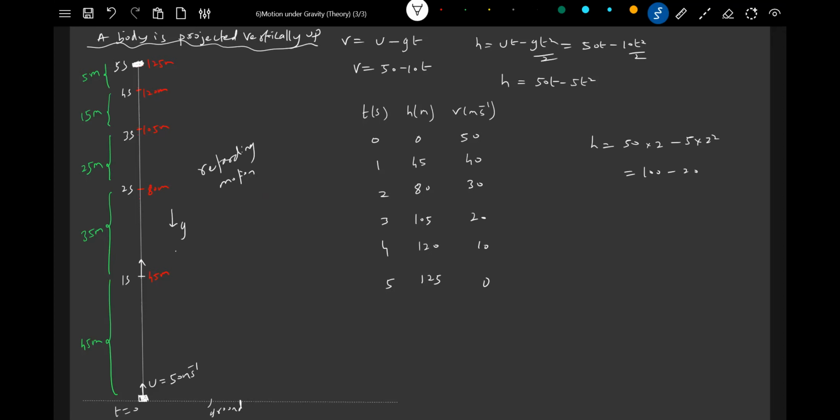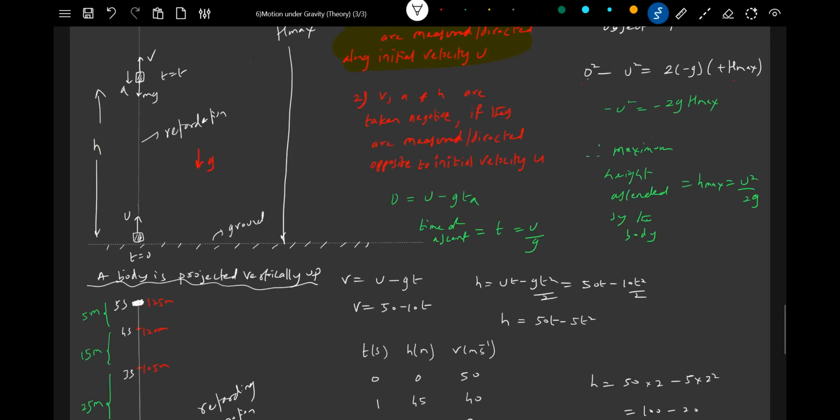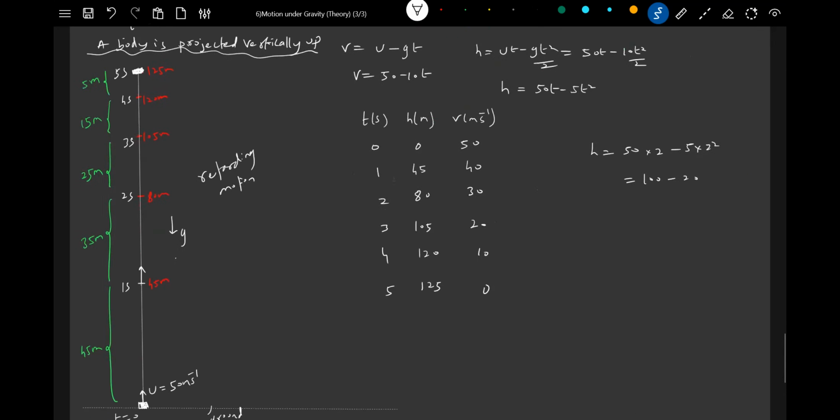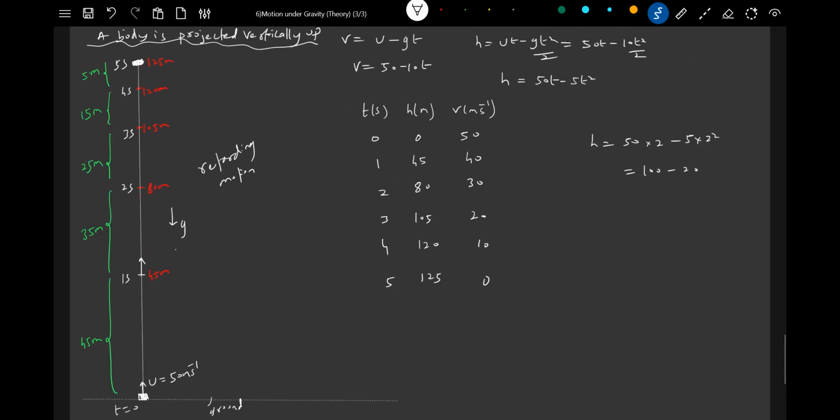Okay, what is the time of ascent? Let's calculate. And what is the maximum height it will ascend? I think I already discussed those things. So this will be the maximum height ascended. How to calculate this H max? 0 square minus u square equal to minus g into H max.